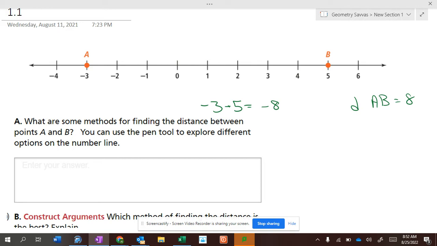Do you ever see a road sign that says negative 45 miles? Or negative this or negative that? Can distance ever be negative? No. So, what math feature can we use to make everything positive all the time? What have we used in math before to make numbers positive no matter what? Yes, Devin.